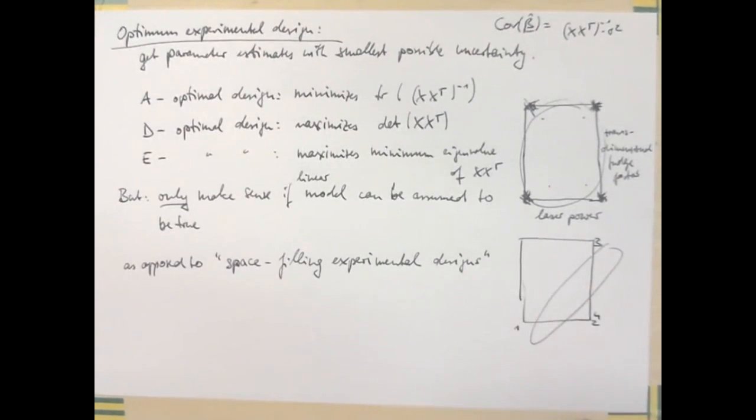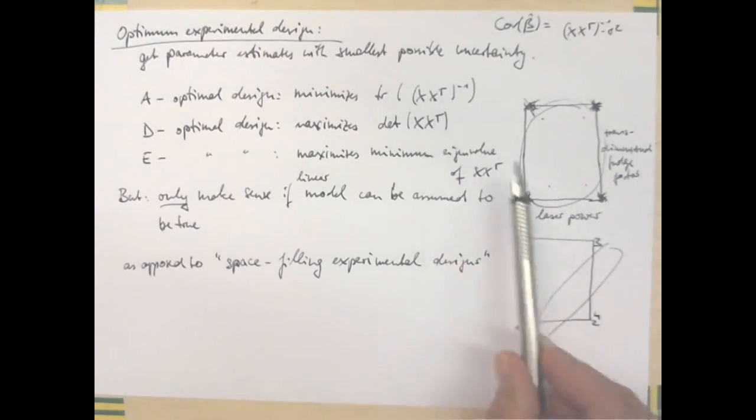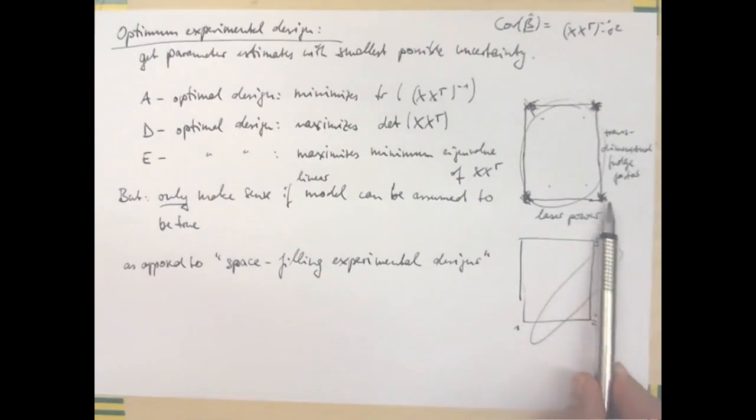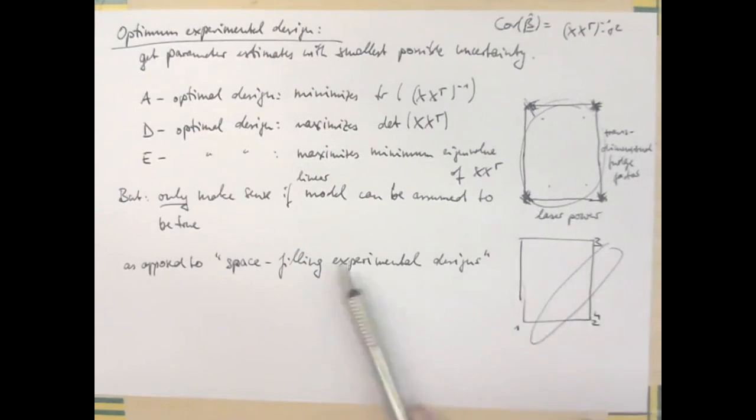Yes? What exactly are the limits of the dimensions in our toy example here? Okay. What are the limits of the dimensions? So if I did not impose any limits, then my criteria would tell me, please move this measurement point to plus infinity and that one to minus infinity.